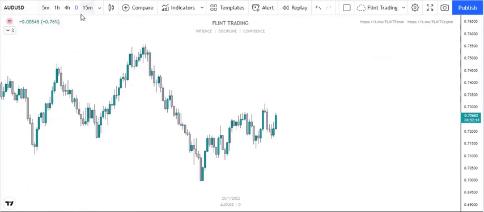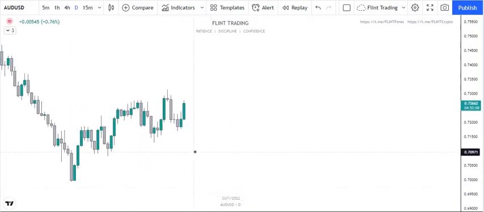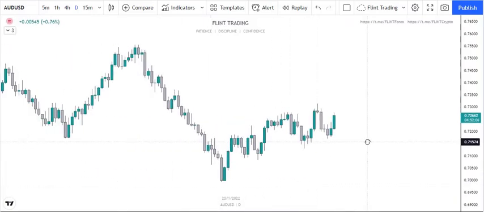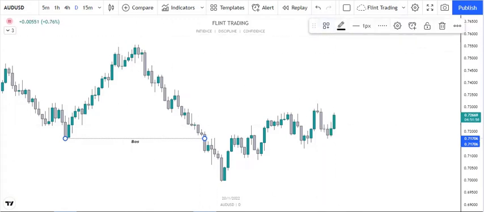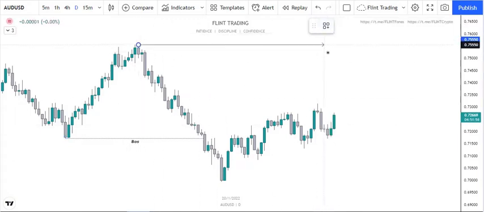So AUDUSD, it's the daily time frame, a higher time frame. So I'll be starting from here. Recently, if you can check, structure wise, we were bearish. This was our structural high, this was our structural low.